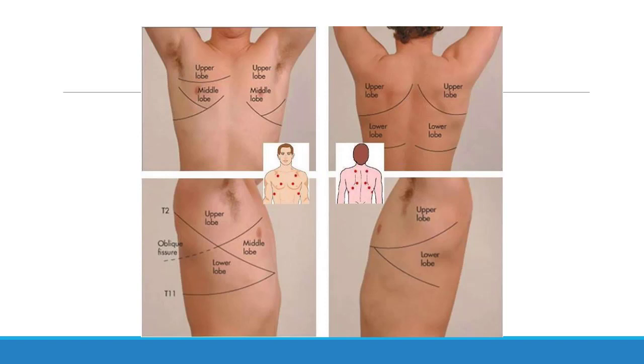The middle lobe is going to be out more towards the front, about nipple line. And then again, right under the armpit, further down, is going to be the lower lobe. So learning these landmarks will be very helpful to you in developing your differential diagnosis.